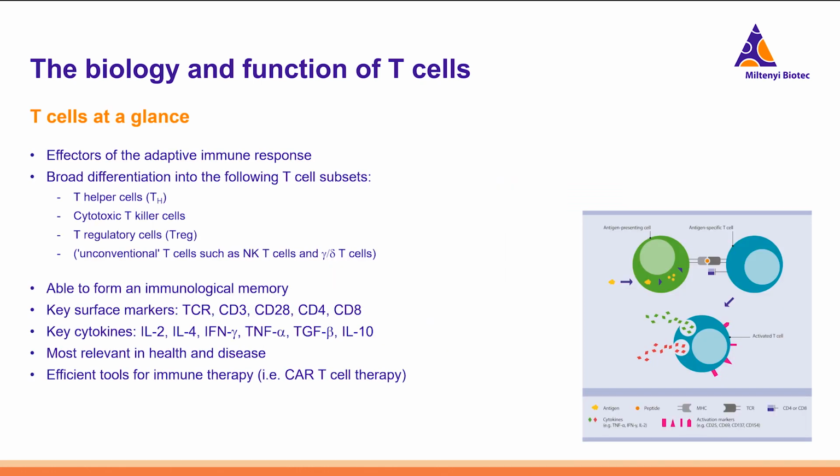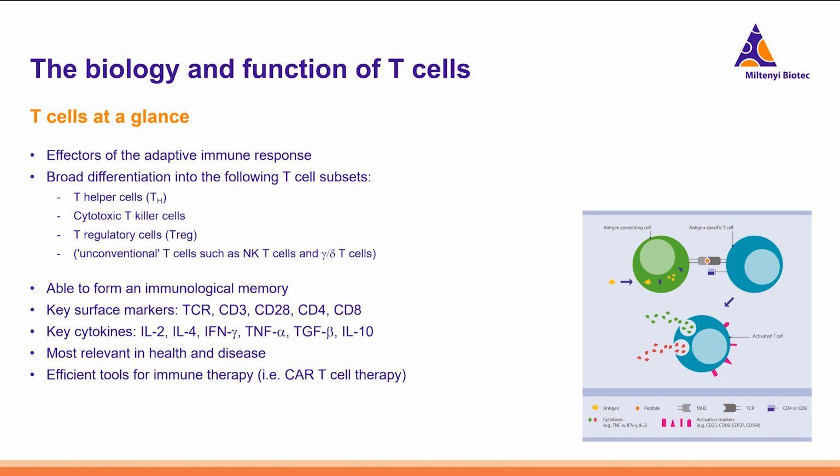T-cells hereby play, as effectors of the immune system, an integral role in the adaptive immunity. They can be subdivided broadly into several phenotypically and functionally distinct subsets such as T helper cells, cytotoxic T killer cells, T regulatory cells, as well as the rather heterogenic group of unconventional T cells, comprising, for example, natural killer T cells and gamma delta T cells.